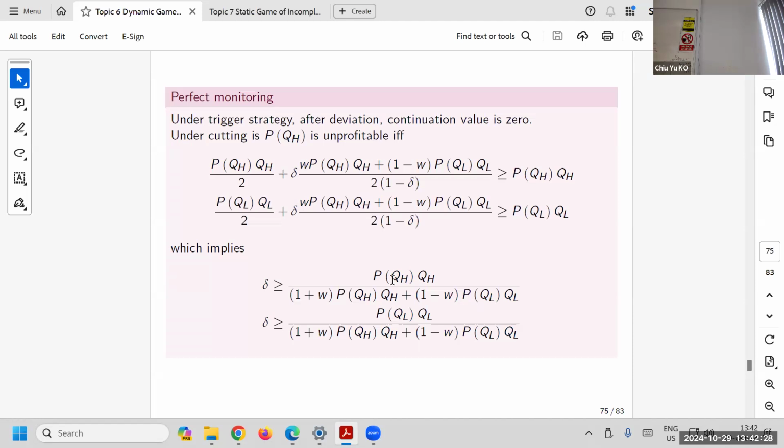There's no problem for this inequality to hold, right? So when it doesn't hold, that means the delta is small enough, and the right hand side is big. So remember now your PQH and PQL is 1, right? You start with 1. This delta getting smaller, and something will get violated, right?